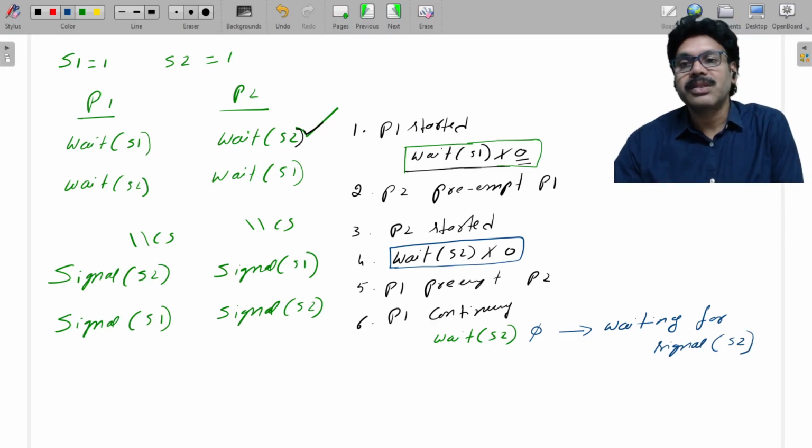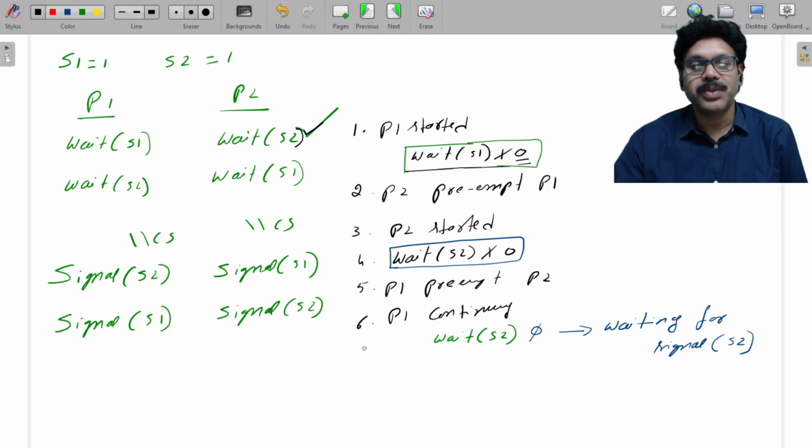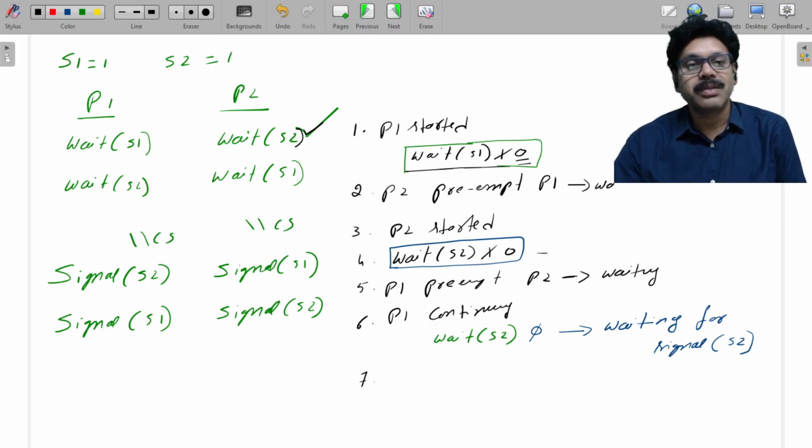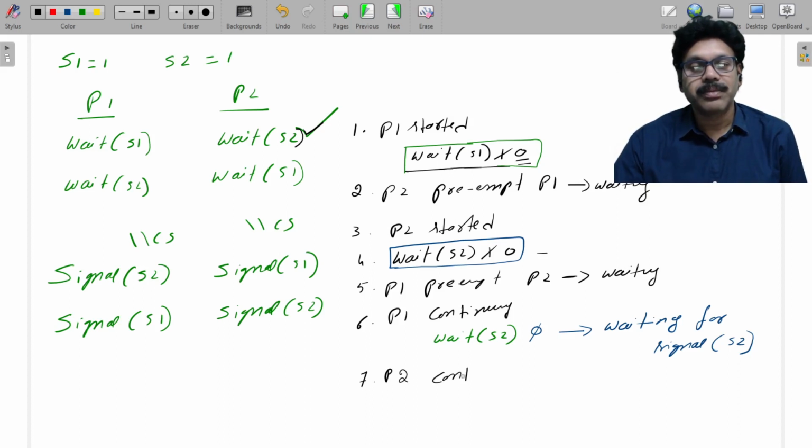Now who gets the chance? Let us say that the chance goes this time to P2. In this case P1 is under waiting. Now P2 got a chance. So P2 continues from this line.